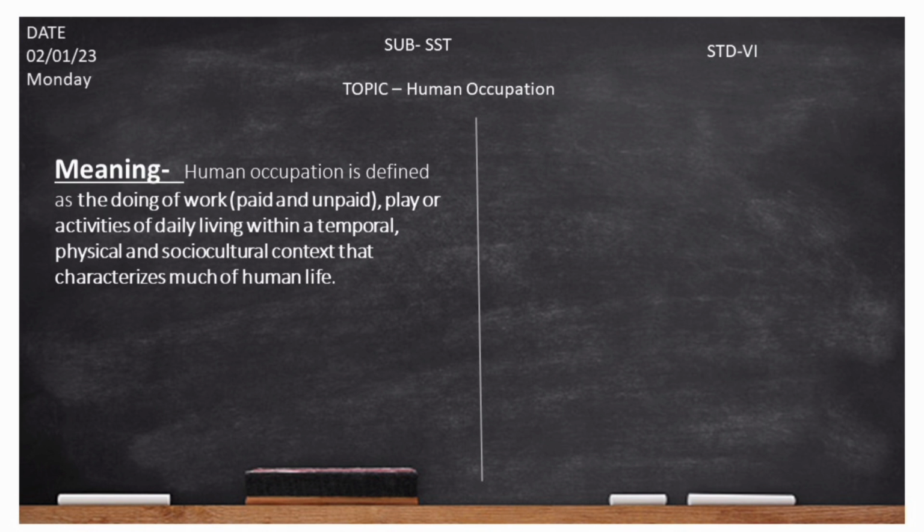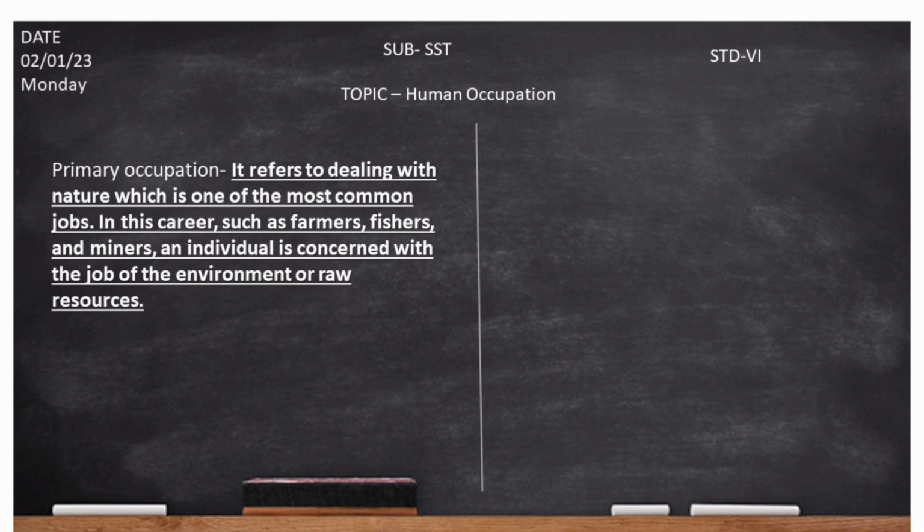The first one was primary occupation. Students, what is primary occupation? It refers to dealing with nature, which is one of the most common jobs in this career, such as farmers, fishers, and miners. An individual is concerned with the job of the environment for raw materials or raw resources.